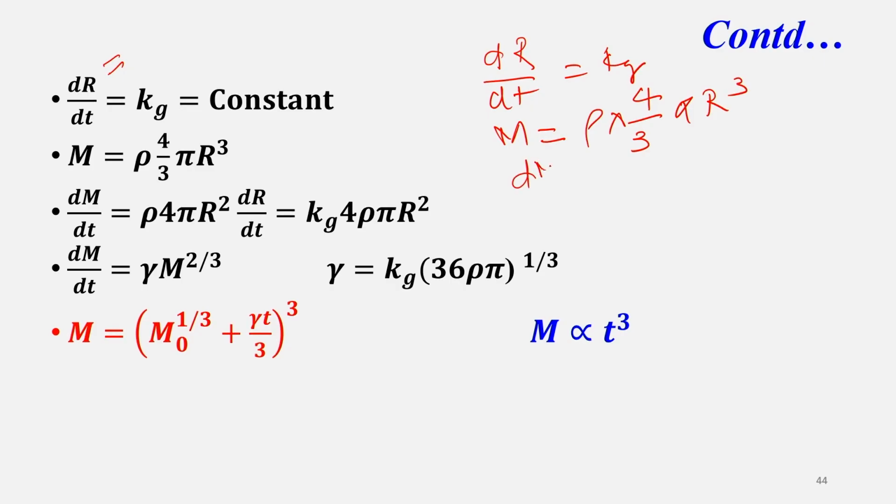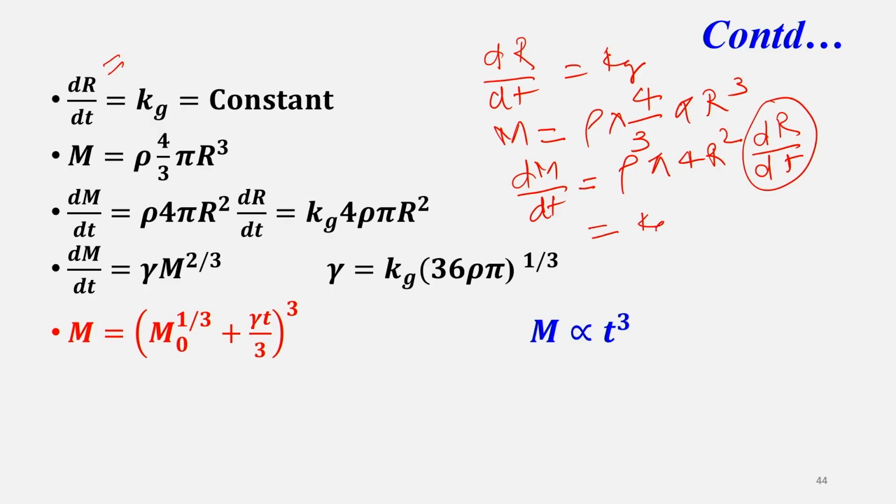If I write dm upon dt equals rho 4 pi r square dr upon dt, and dr upon dt is kg.